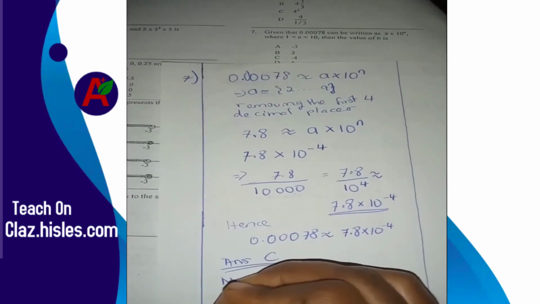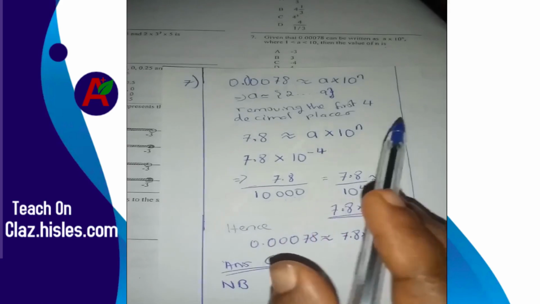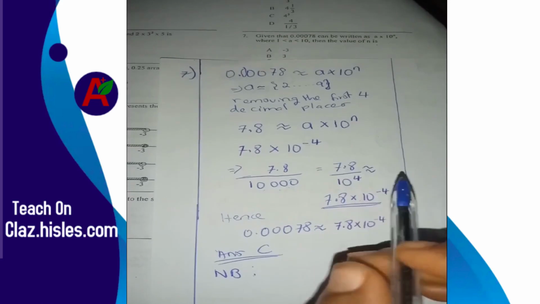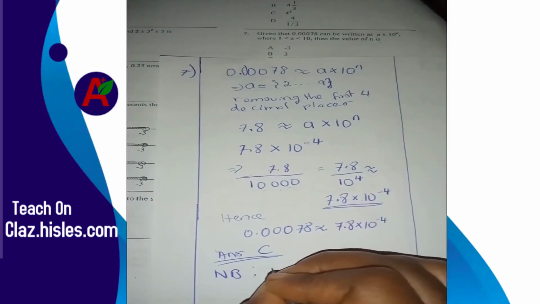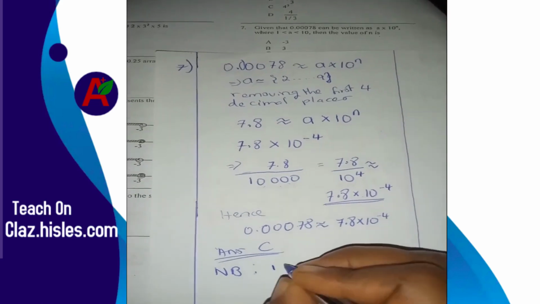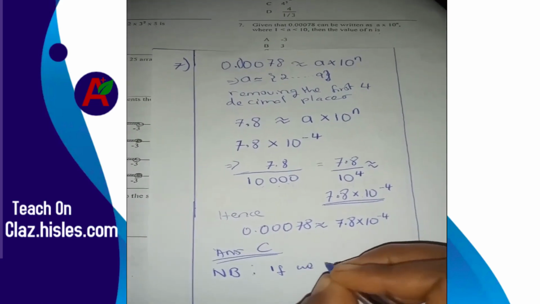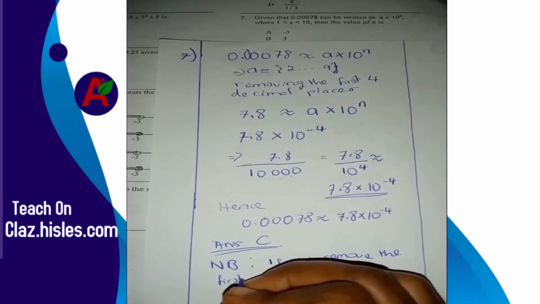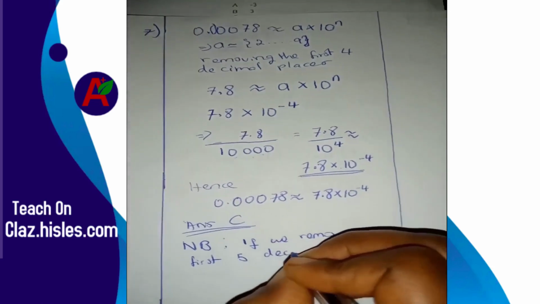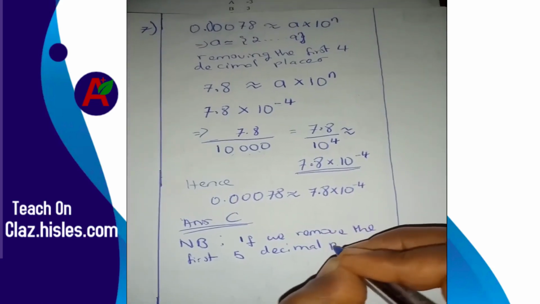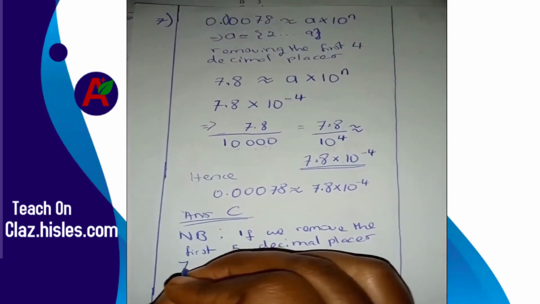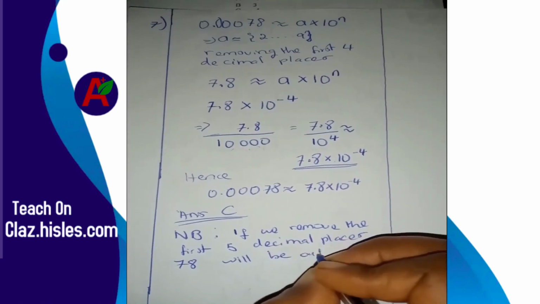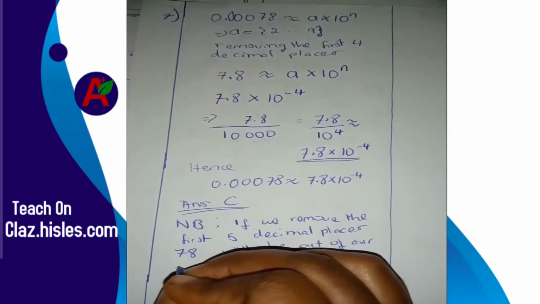Now I'll just repeat what I said earlier. We are removing the first 4 decimal places. This is why we are not removing the first 5 decimal places. If we remove the first 5 decimal places, then 78 will be out of our constraint range. NB, if we remove the first 5 decimal places, 78 will be out of our constraint.